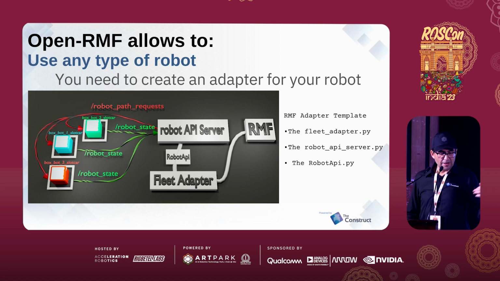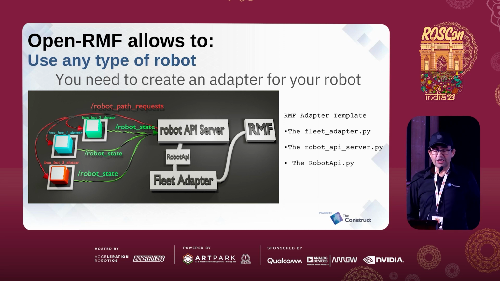Then we have the fleet adapter. The fleet adapter is the part at the bottom that connects with the RMF and receives the task that has to be assigned to which robot. Then in the middle, we have the robot API, which usually uses a REST API, but you can use anything else like MQTT or direct connection or any other type of connectivity, which allows to isolate the part that is proprietary from the robot and the part that is from RMF.